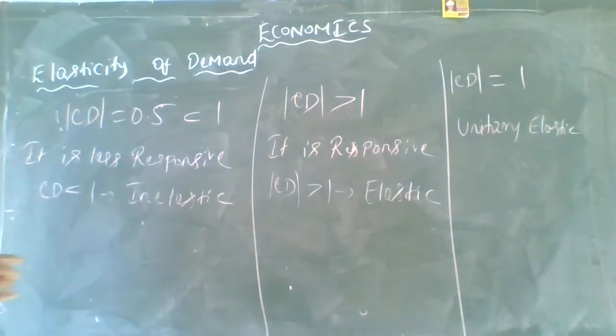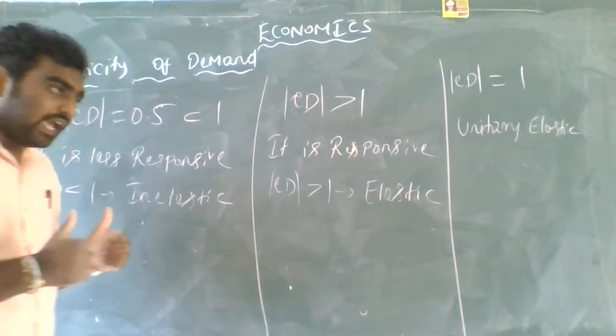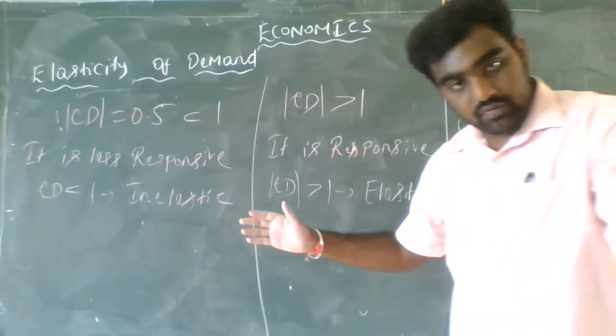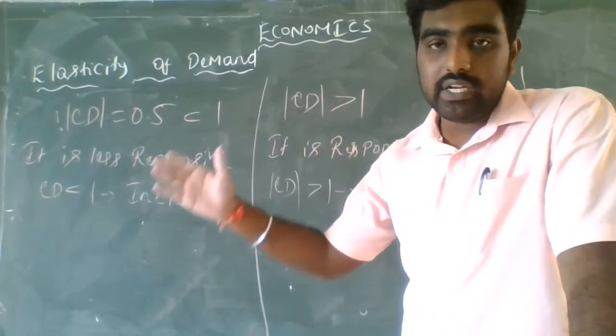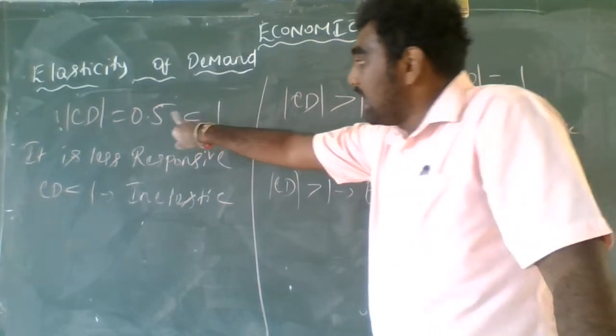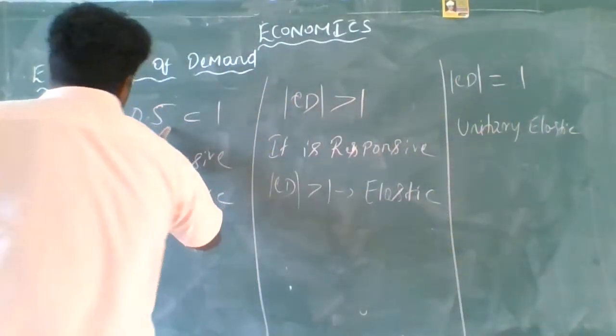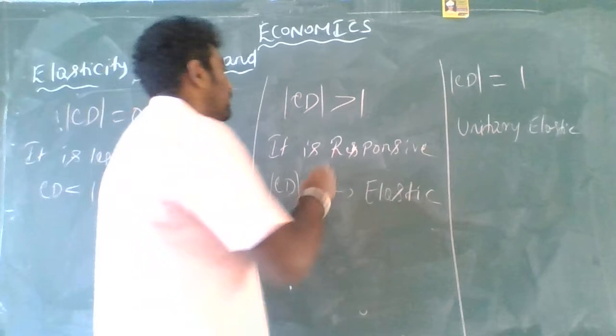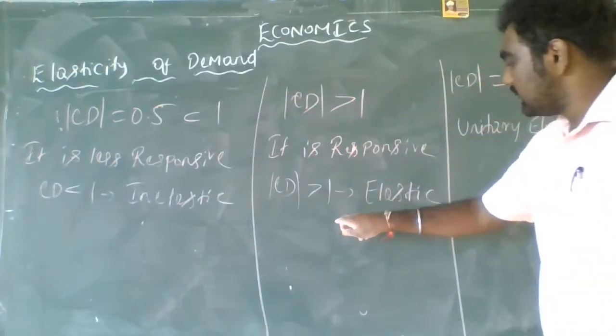So here you understood what elasticity of demand is and its formula: the percentage change in quantity divided by the percentage change in price. When elasticity of demand is lesser than 1, it is inelastic. When it is more than 1, it is elastic.